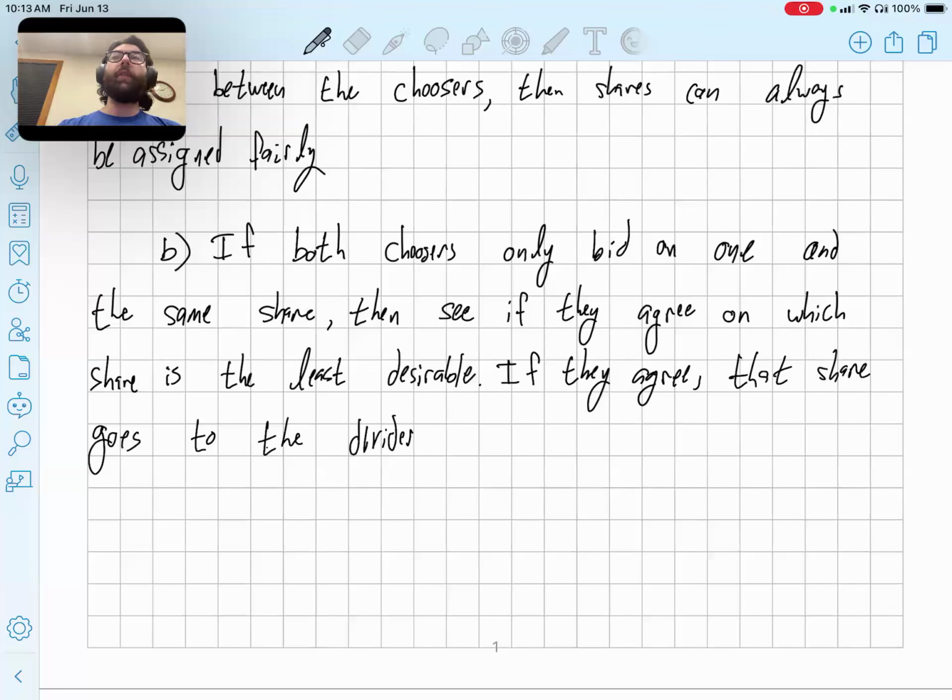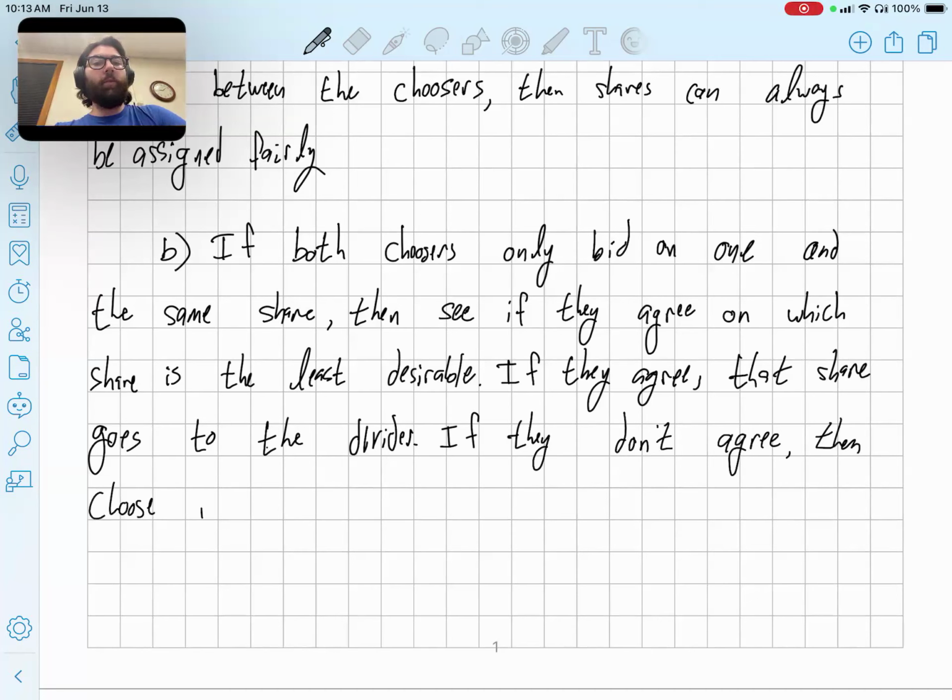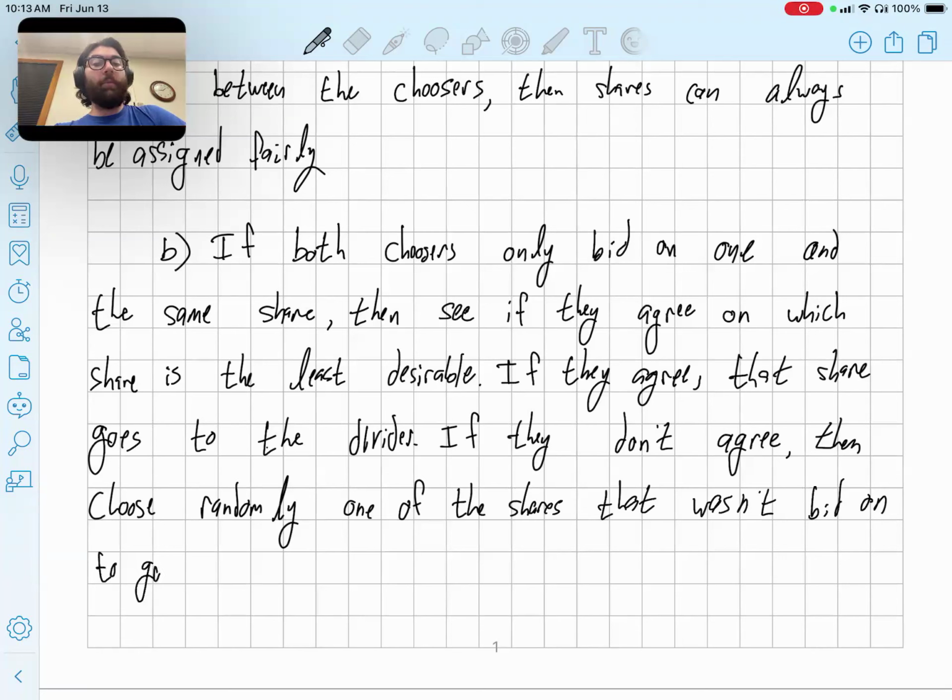Because if they both think there's one worst share, well, the divider thinks they're all worth the same, and so the divider is happy with any of the shares. If they don't agree, then choose randomly one of the shares that wasn't bid on to go to the divider.